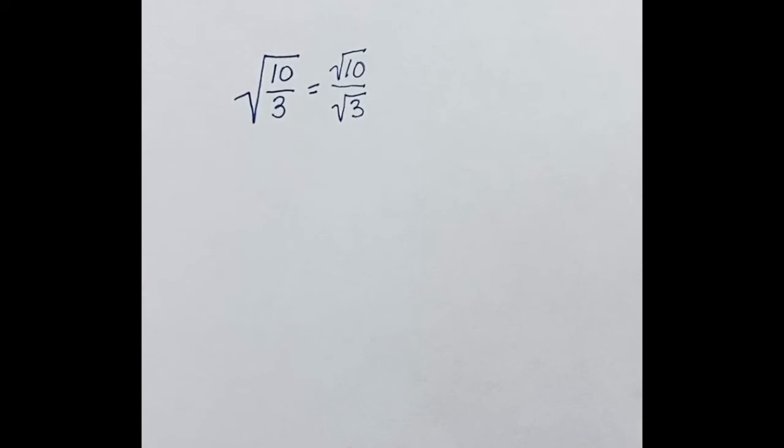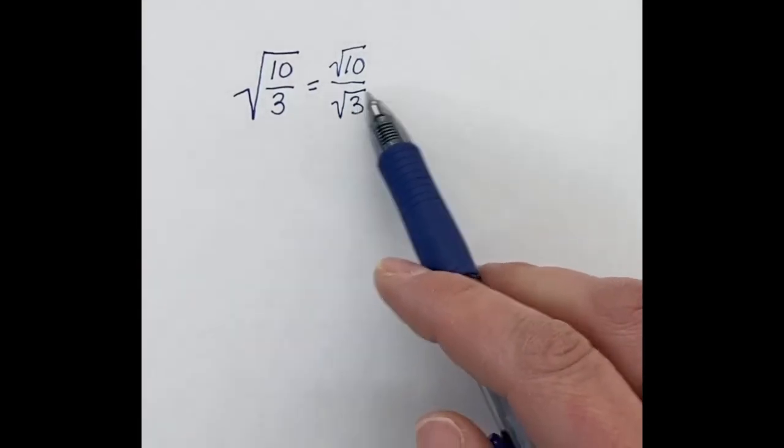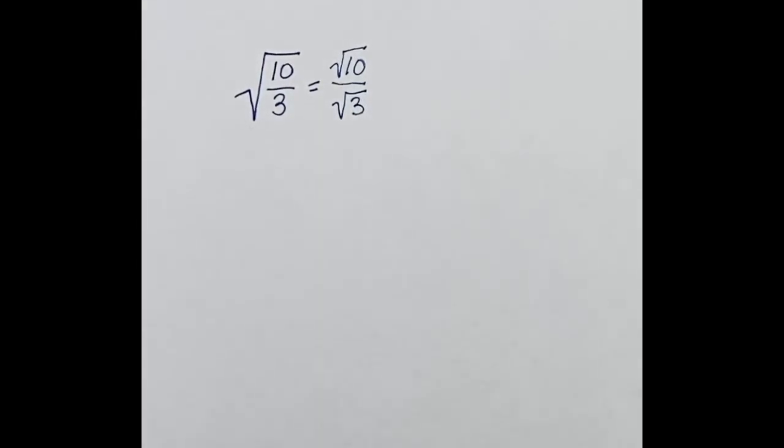This problem is not done though because you have a radical in the denominator. You are not allowed to have a radical in the denominator when you have this in final simplest form. So we have to get rid of this radical 3. How do you get rid of a radical? Remember that a radical and a square can cancel each other out.